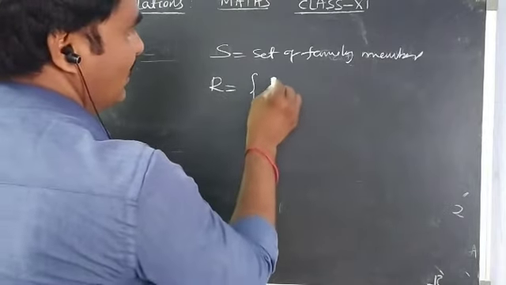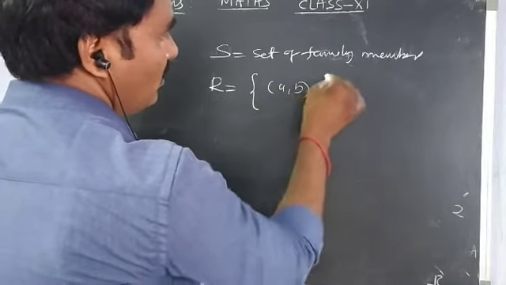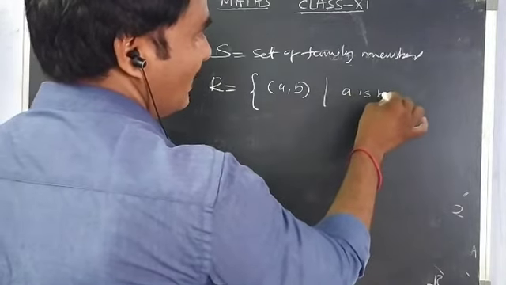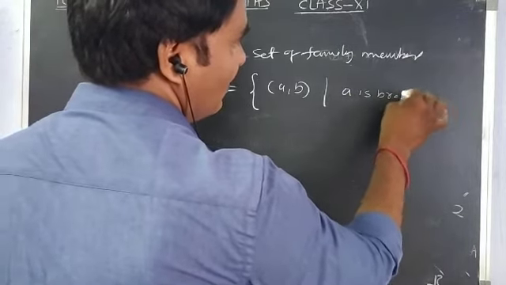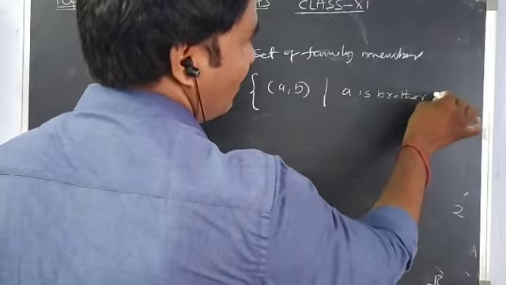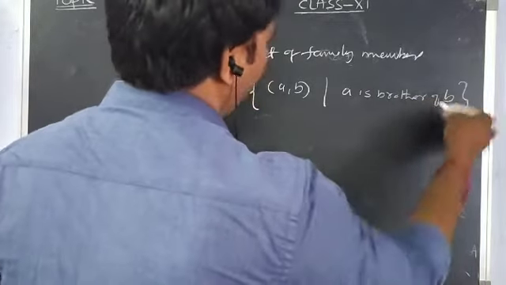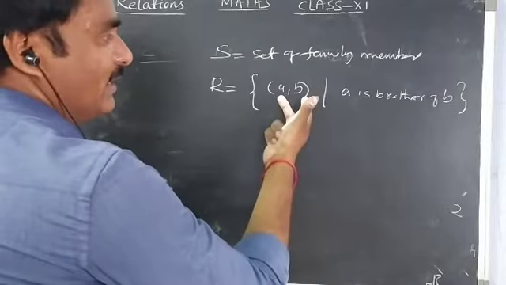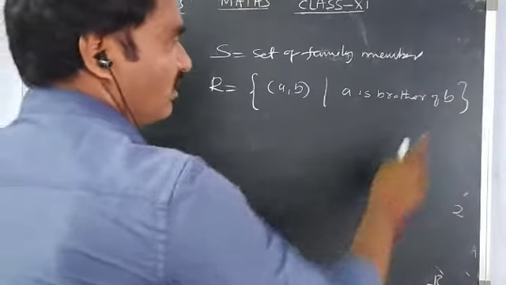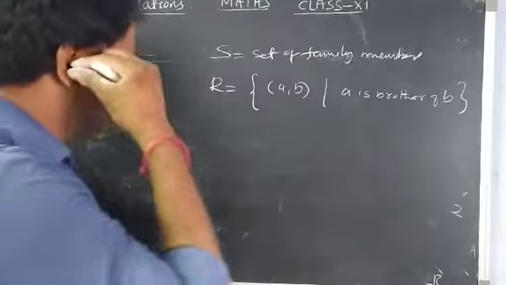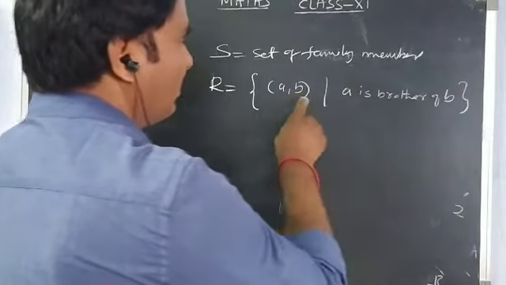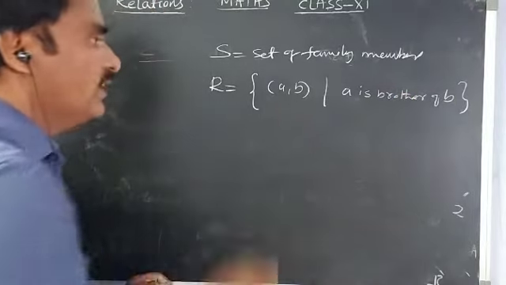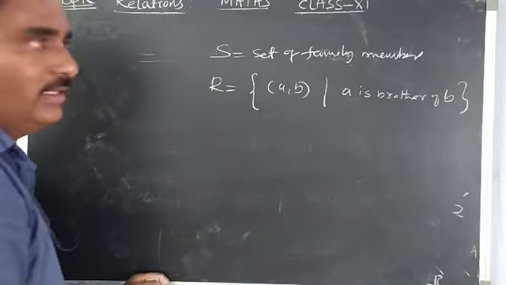R is the set of ordered pairs (A, B) where A is brother of B. See, I wrote the relation in a mathematical way. To take an ordered pair in R, this is the rule: if A is brother of B, then only we can take (A, B) in the set.